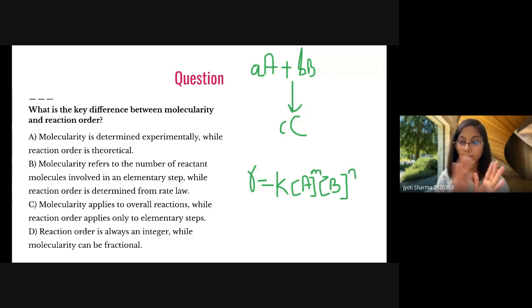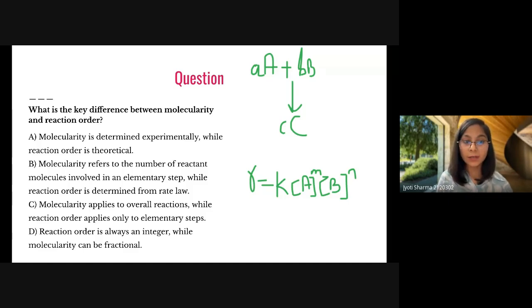So from this, you have to tell me the key difference between molecularity and reaction order. First option: molecularity is determined experimentally, while reaction order is theoretical.